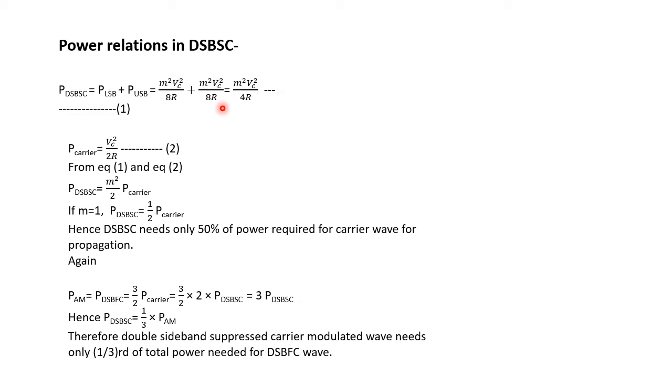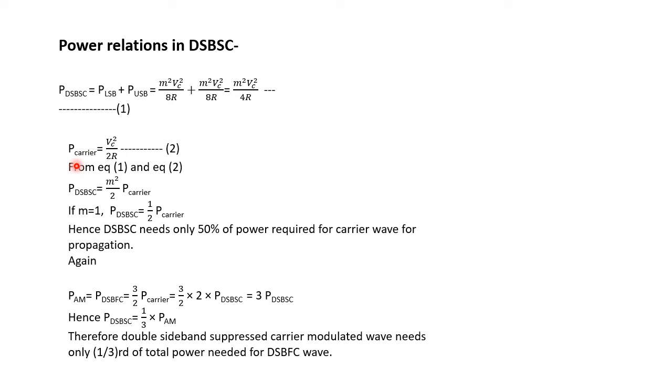Therefore, the total power required for the propagation of DSBSC is m square Vc square divided by 4r, because the power needed for the carrier has been eliminated from this equation. Therefore, it is evident that a large amount of power will be saved in this form of amplitude modulation.